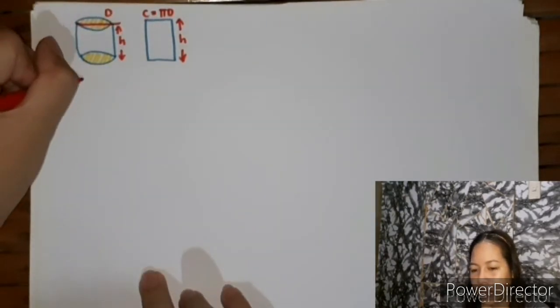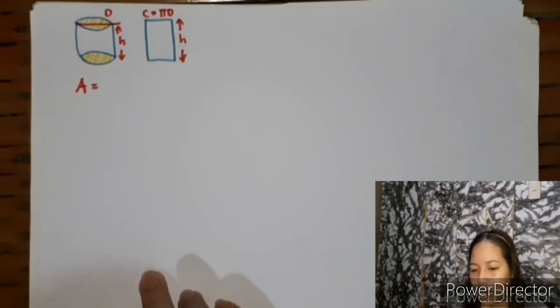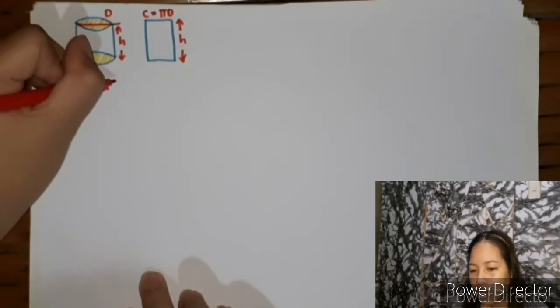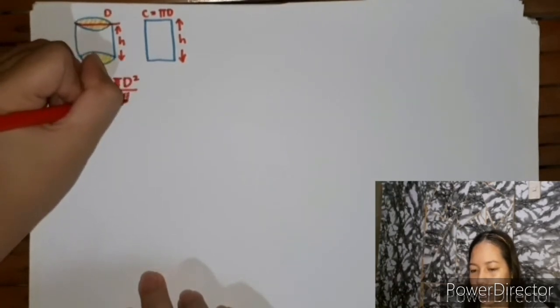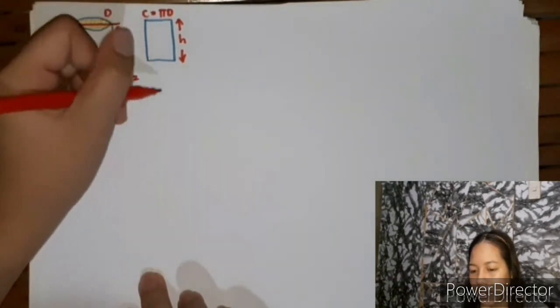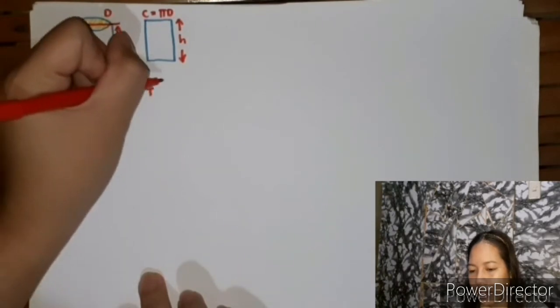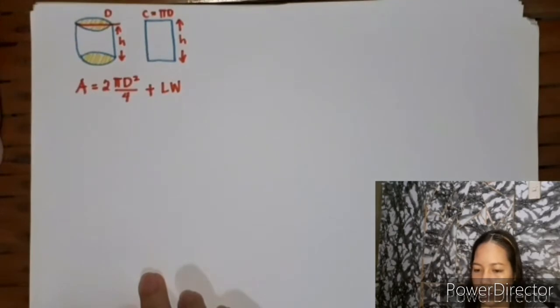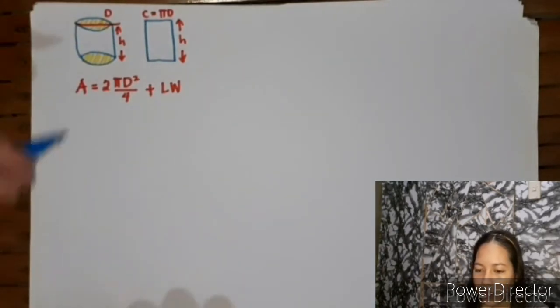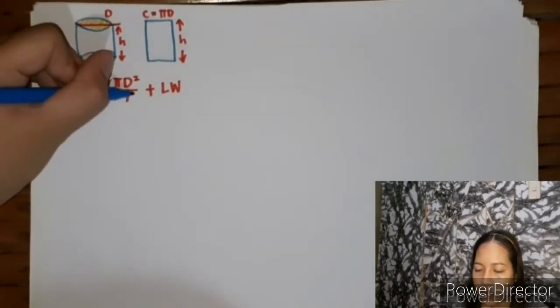First, we will get the area is equals to 2 pi d squared all over 4 plus length times width. We can cancel 2 from 4.